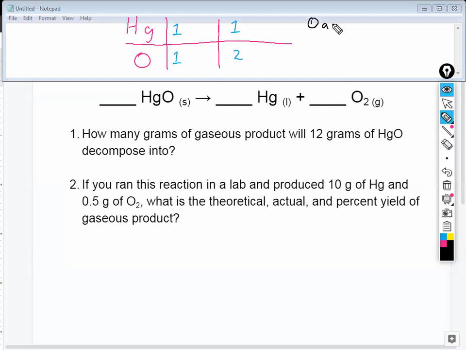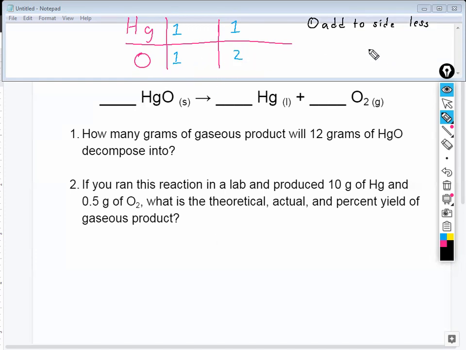The first rule is you want to add to the side with less. We want to add to the side that has fewer of that element. If you take a look at the equation, which element is not balanced? Yeah, oxygen. Which side has more oxygen, the left or the right?